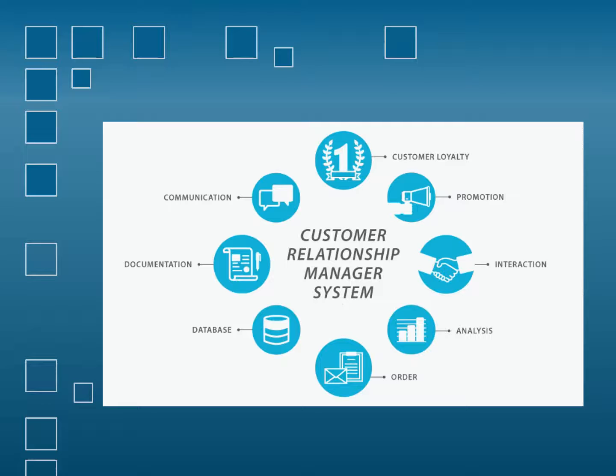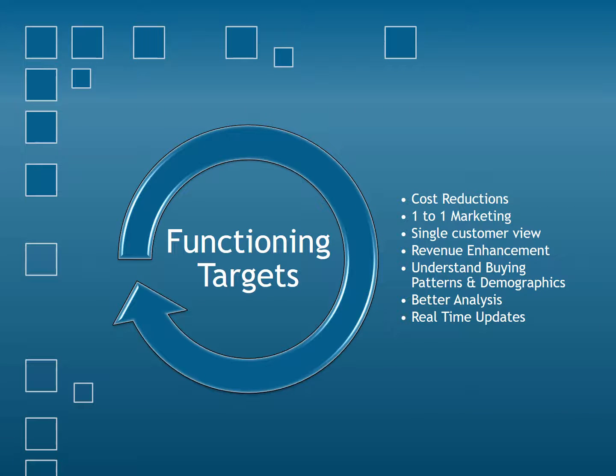You can use it for promotion, interaction, analysis, placing orders. It's a database, as discussed. Use it for documentation and communication. A CRM system is a great place for us to store all of our customer information.